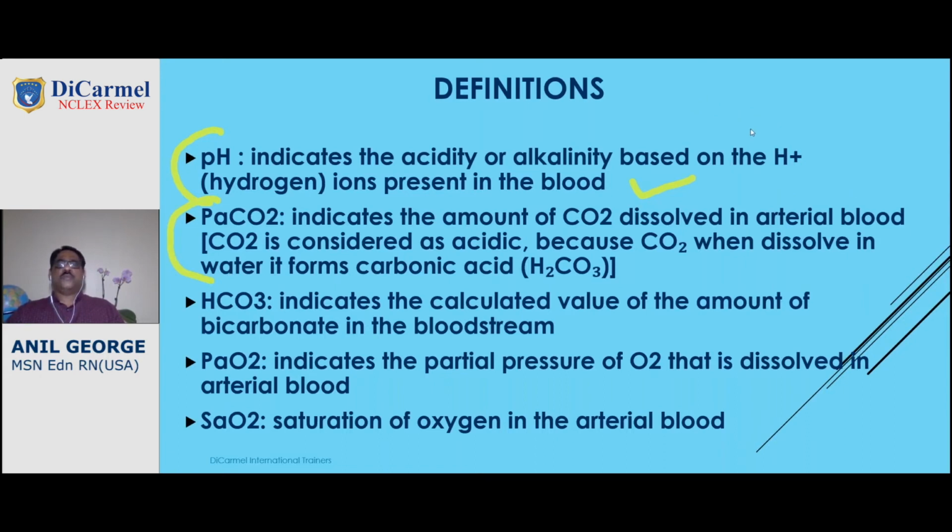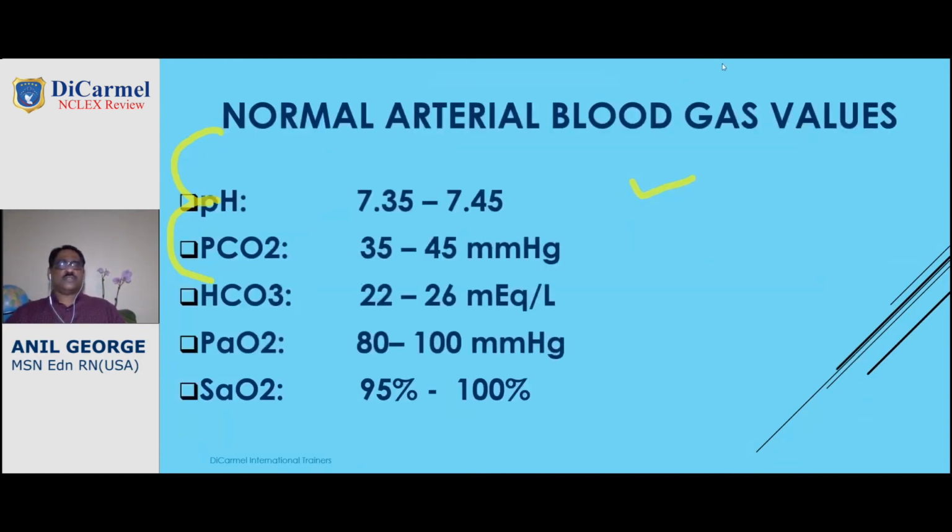Something very important to understand: anytime you talk about carbon dioxide, it is acidic. Why? When carbon dioxide dissolves in water or in blood, it forms carbonic acid. So anytime you talk about more CO2, remember the PaCO2 35 to 45 we saw on the previous screen.